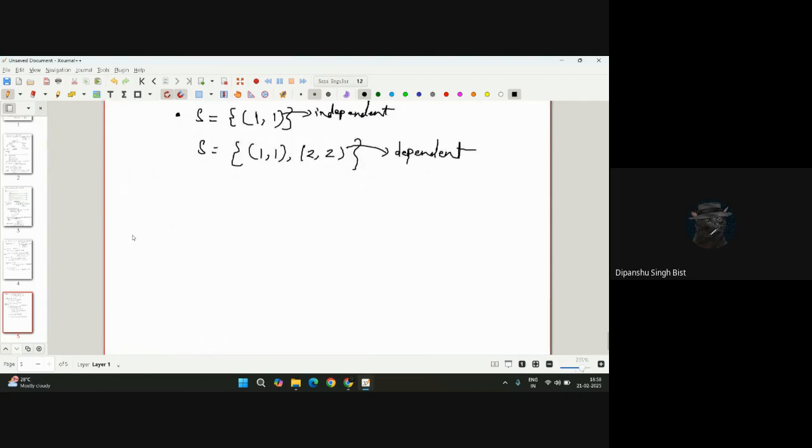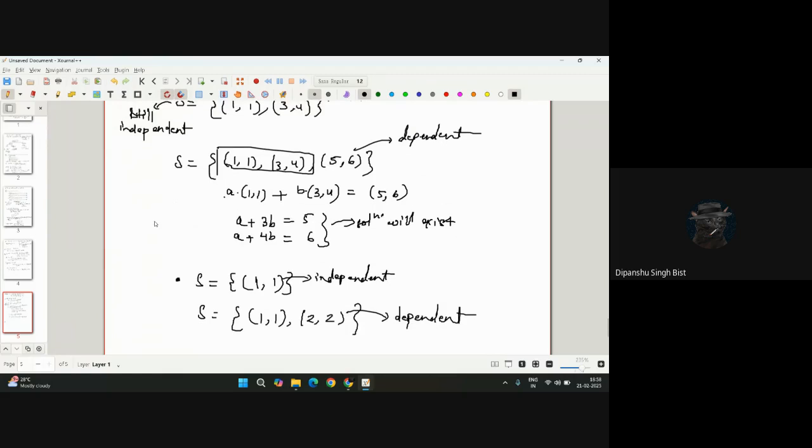Dependent means if one of the vectors could be represented as a linear combination of other vectors, then we say it is dependent. So 5 comma 6 could be represented as a linear combination of 1 comma 1 and 3 comma 4.